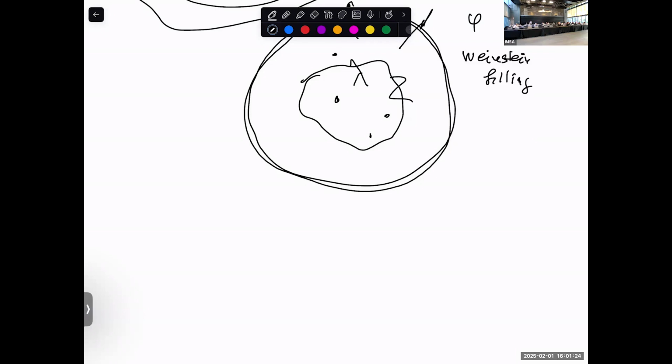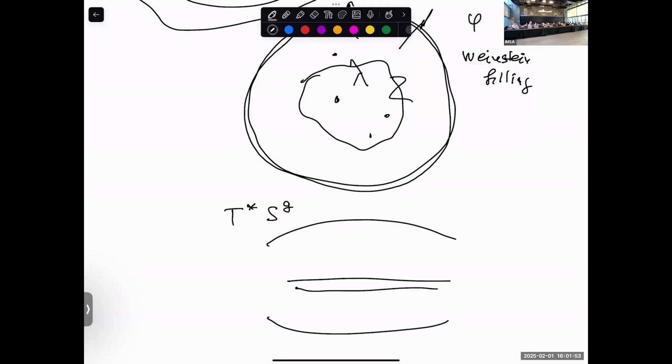And what was known from early on was an example of McDuff, who constructed an example where the filling is not half-dimensional. The simplest example of this is that you take the cotangent bundle of a surface of high genus and remove a neighborhood of the zero section.